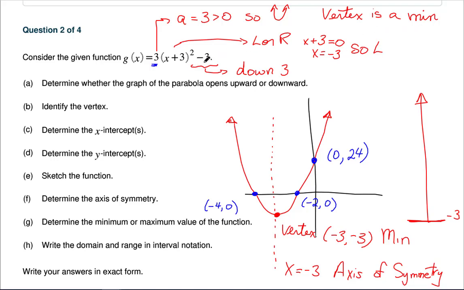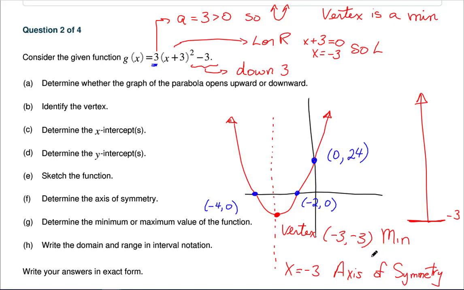The minus 3 on the end goes down by 3. The inside part is a shift left or right. X plus 3 is 0, so x is minus 3, so we go left. Alright, so minus 3 left and down by 3, making our vertex at (minus 3, minus 3).